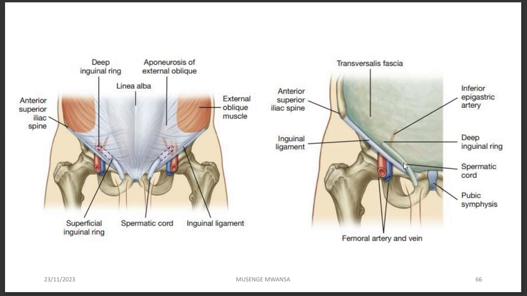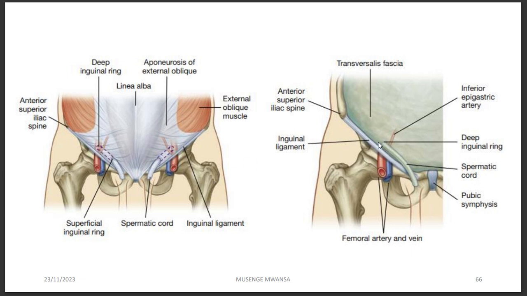So this is the inguinal ligament. The inguinal ligament is formed from the aponeurosis of the external oblique. This is the external oblique muscle here. As it goes to the end here, it turns and forms this ligament, known as the inguinal ligament.